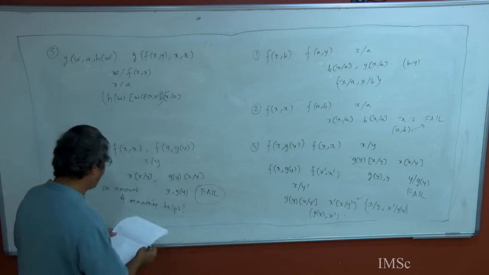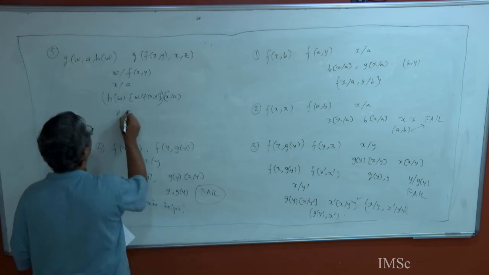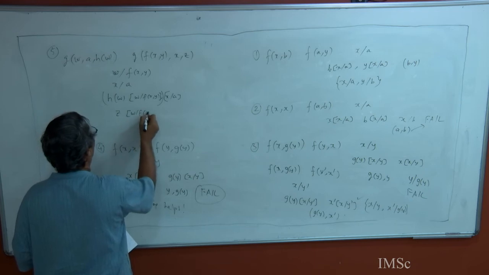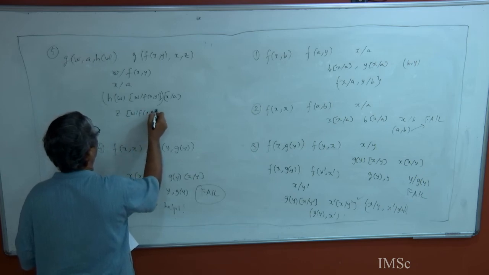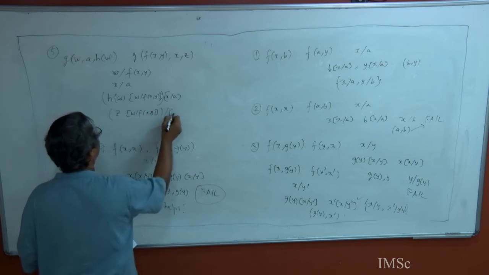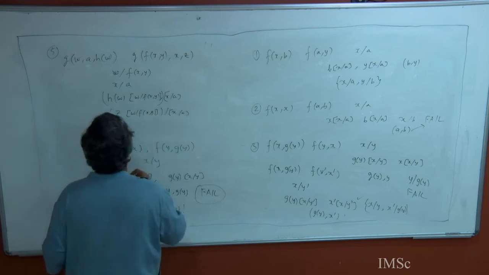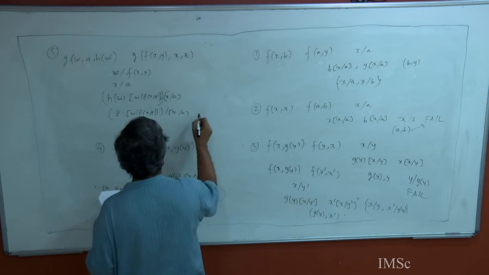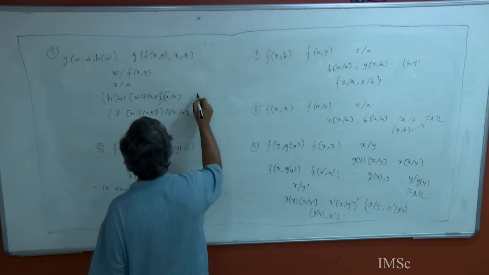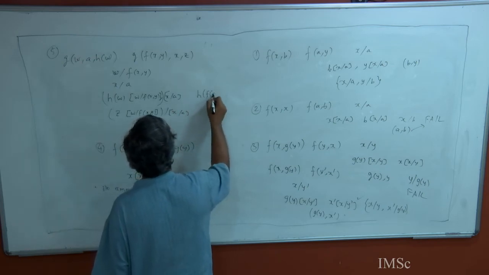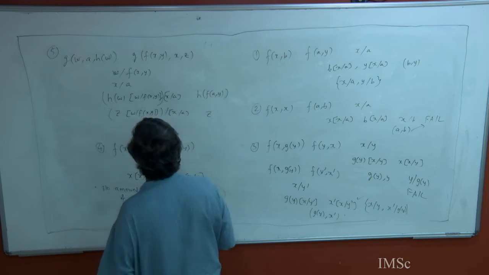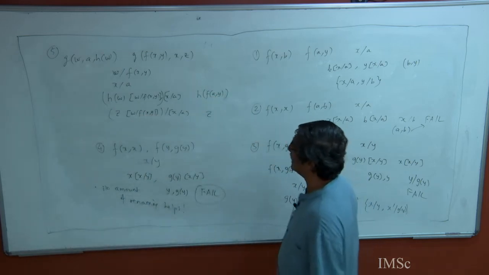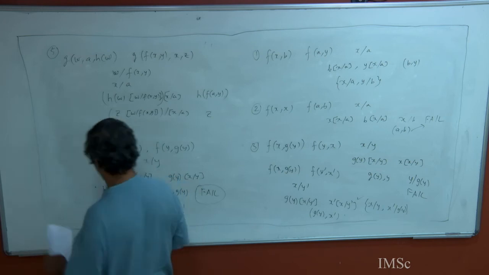Similarly, now you will have Z with W with F of X Y, and on this X with A. So doing all of this, what are you going to get here? You're going to get Z here and H with F of A Y. That's the final one that you get.